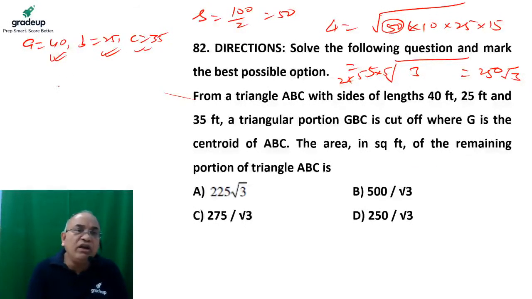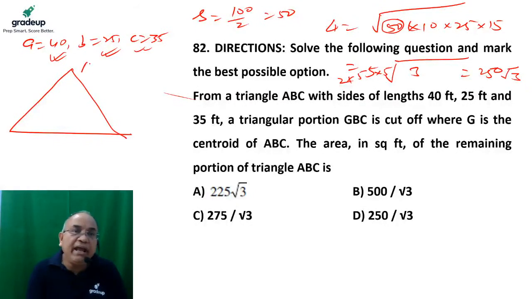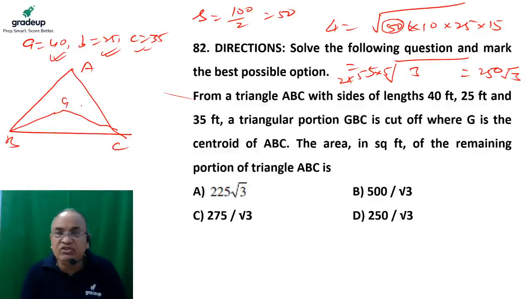Now the triangle is going to be formed like this. So this is A, this is B, this is C. It is given that the triangle GBC is cut off, where G is the centroid. As you know, the centroid divides the triangle into 3 equal triangles.